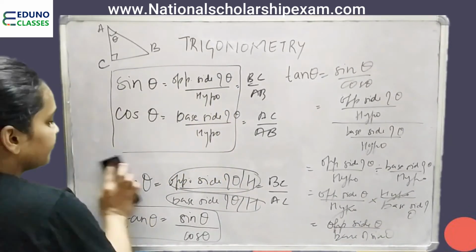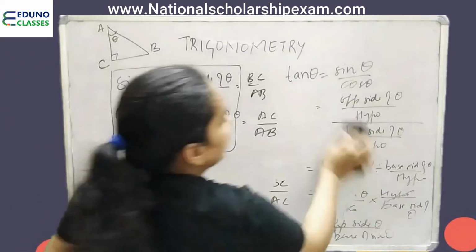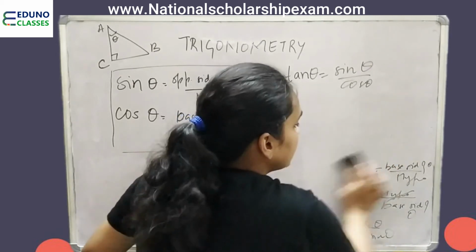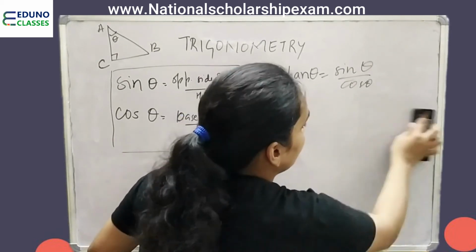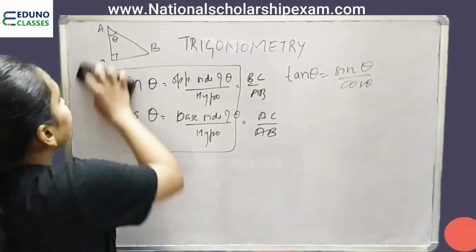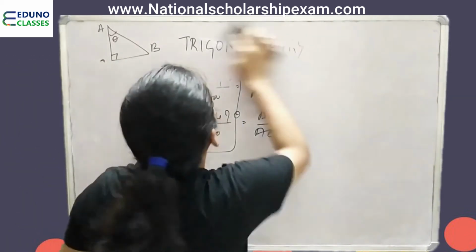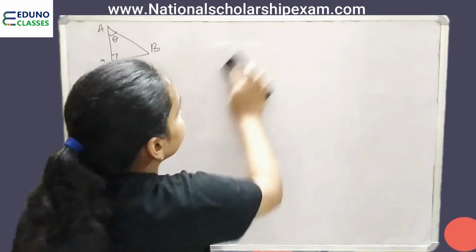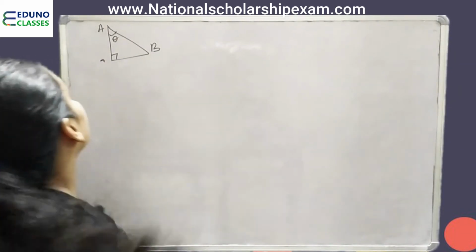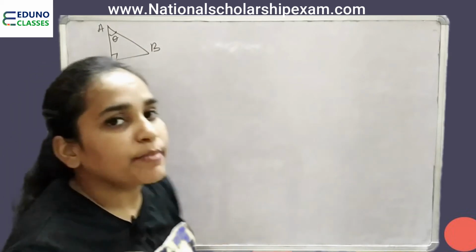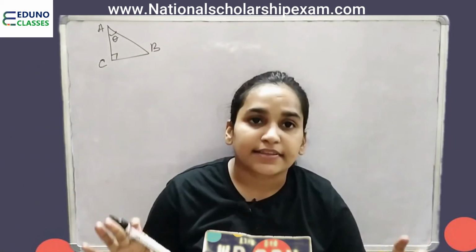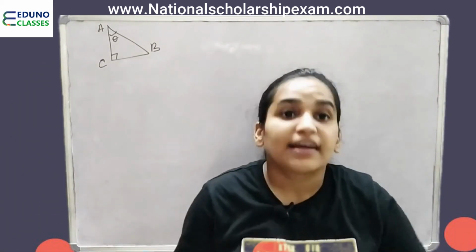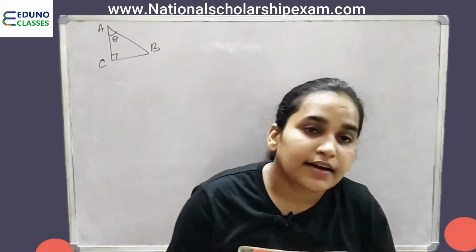Now let us write all the trigonometric ratios in the form of sin theta and cos theta. Let me rub this as well. So my friends, how many trigonometric ratios do we have? Six. The most fundamental are sin theta and cos theta.